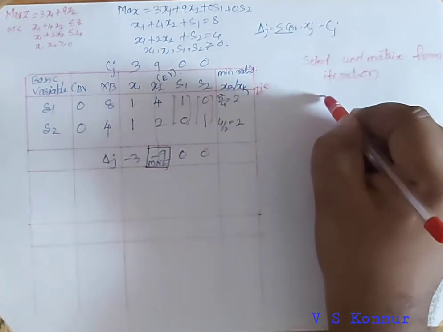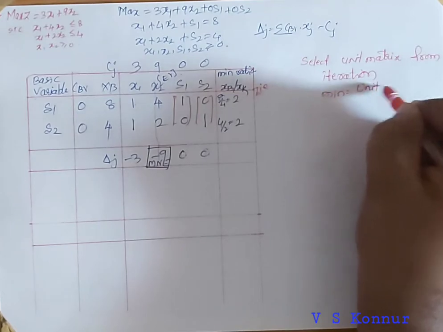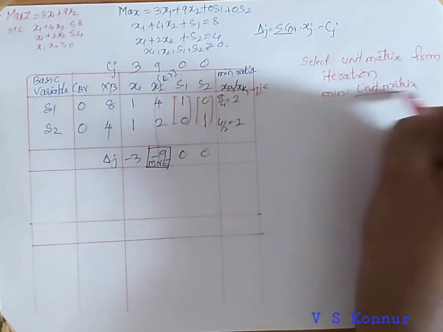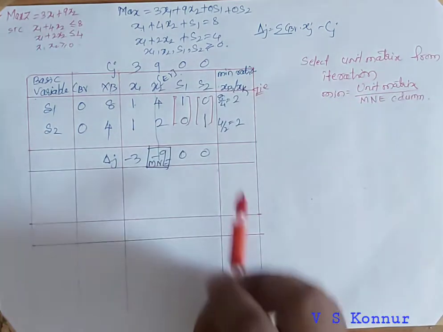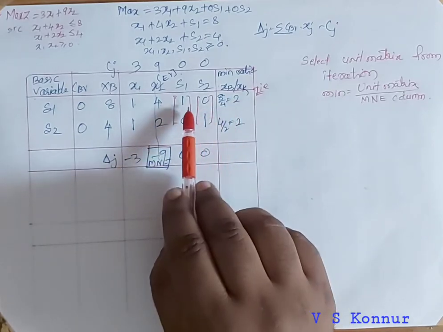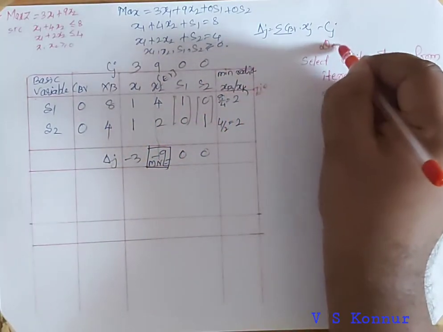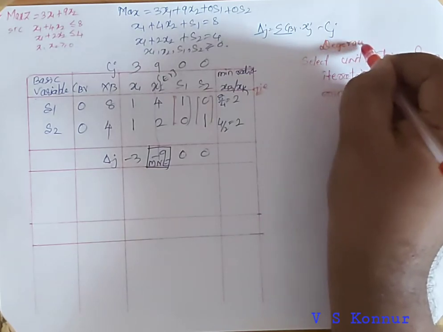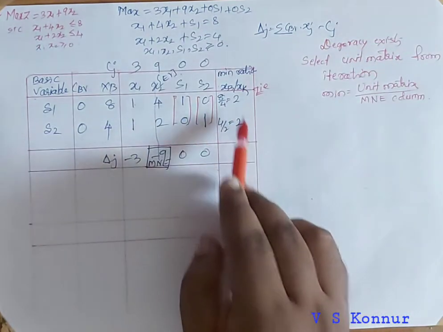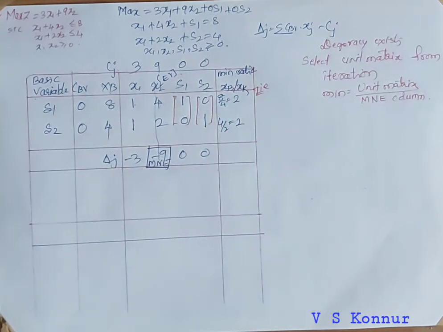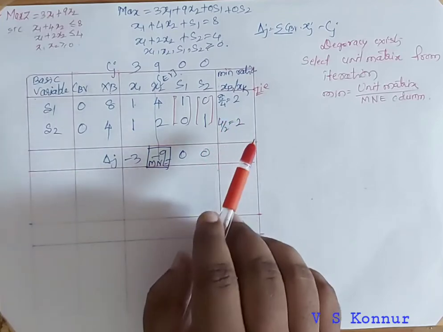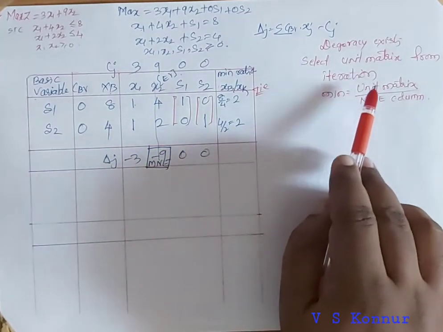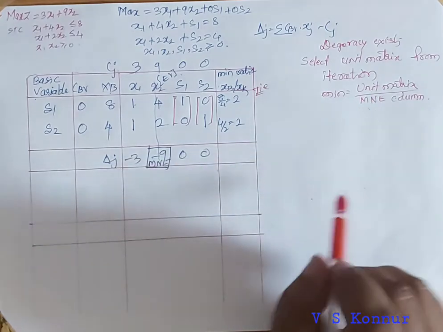Then the minimum will be calculated by the unit matrix divided by the most negative element column. Whenever there is a tie in the minimum ratio column, then there exists a degeneracy. How to calculate? You should select the unit matrix from the iteration, then calculate the minimum value by using the unit matrix divided by the most negative element of the column.